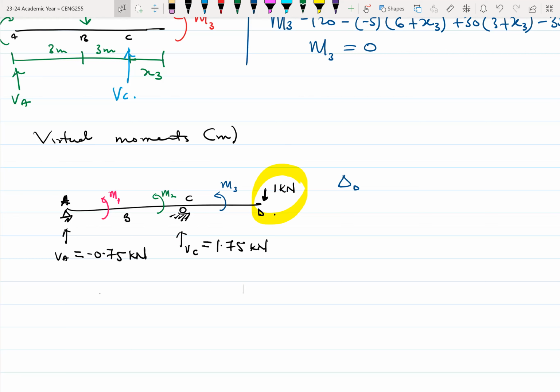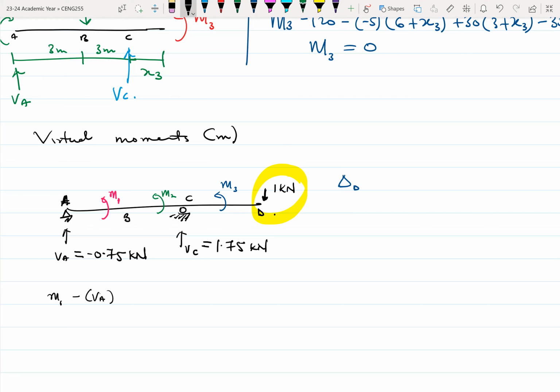So let's find small m1. Again, just take a section between A and B to find your m1. So m1 will be minus, in brackets, VA.